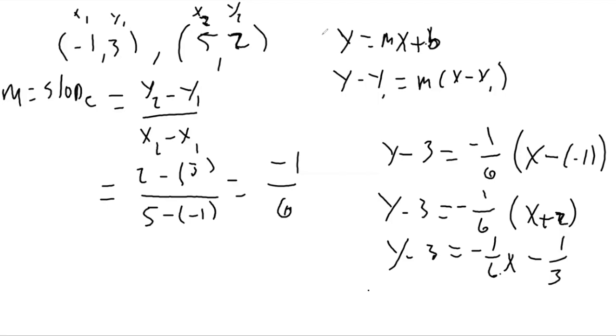So we'll have y equals -1/6 x minus 1/3 plus 3. Sorry, there should be an x in front of all that. And so finally, combining like terms, we're going to end up with -1 over 6x plus 8/3.